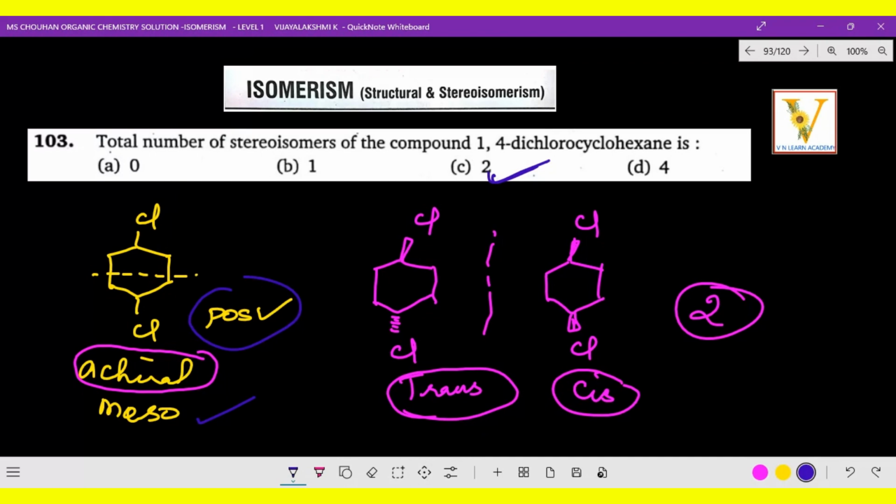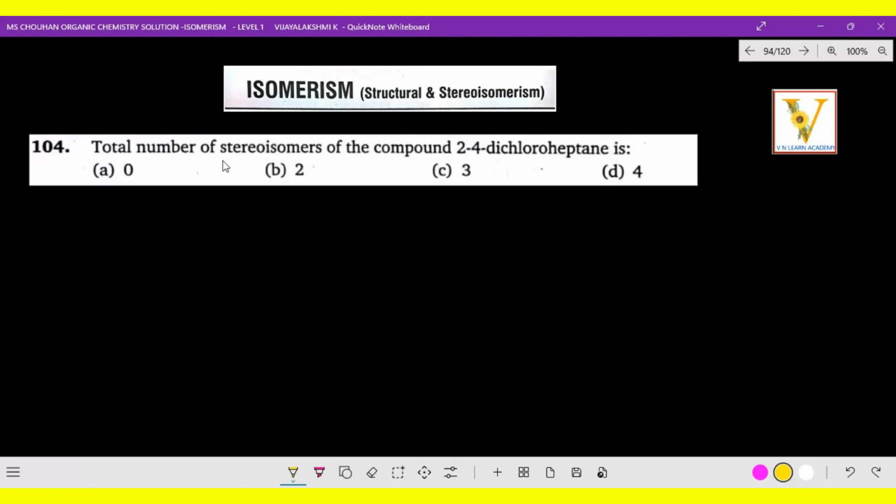Come on. Next question. Number of stereoisomers of the compound 2,4-dichloroheptane. So here they have given heptane, that is actually a long chain compound. So how many carbons? 1, 2, 3, 4, 5, 6 and 7. And 2, 4, that means this carbon and this carbon.